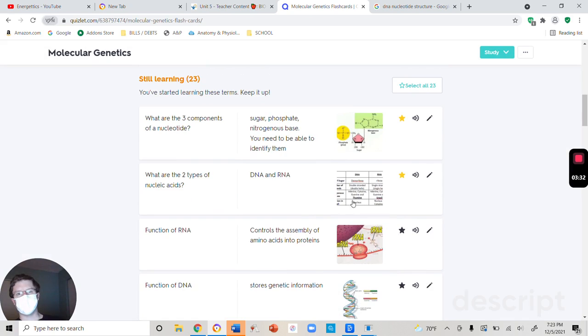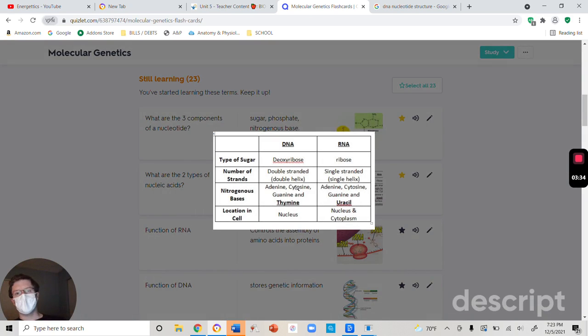All right. Additionally, you need to know that thymine is unique to DNA and uracil is unique to RNA. So for example, whenever you guys are doing transcription, you're transcribing DNA to RNA, remember how every time you had an adenine, you had to translate it to a uracil.